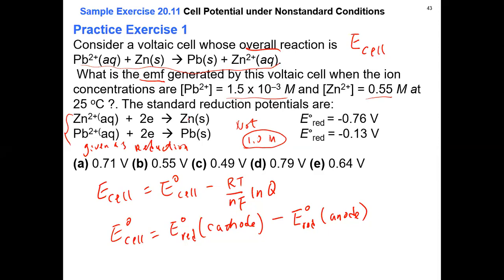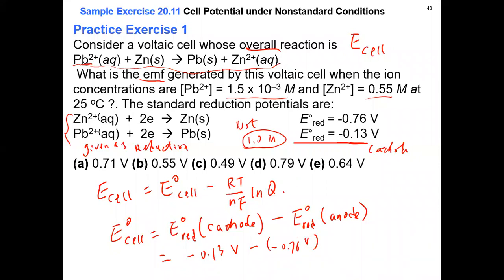Okay, let's take a look. We have Pb2+ in the reactant becoming solid Pb, so Pb gains electrons and has been reduced. Therefore you use this number for the cathode: negative 0.13 volts. Then minus the anode, negative 0.76 volts.